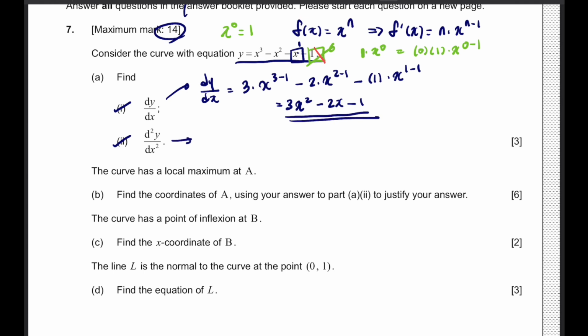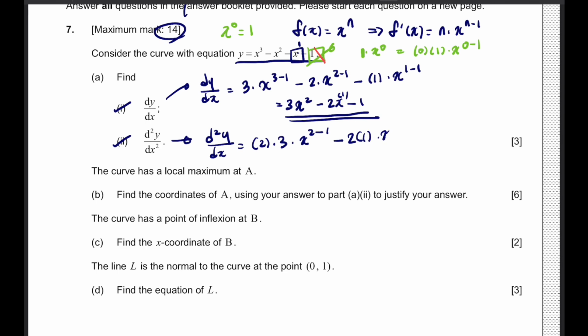Then let's find the second derivative of the function y. That means we have to start from the first derivative. So the second derivative of y is the same as 2 times 3 times x to the power of 2 minus 1, and minus 1 times the hidden x to the power of 0.